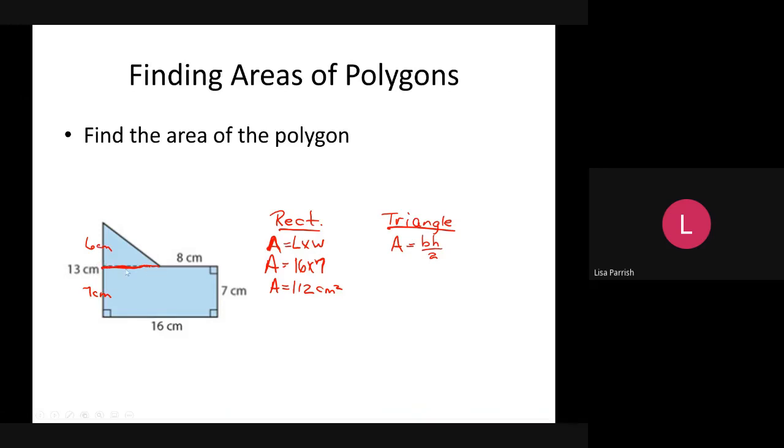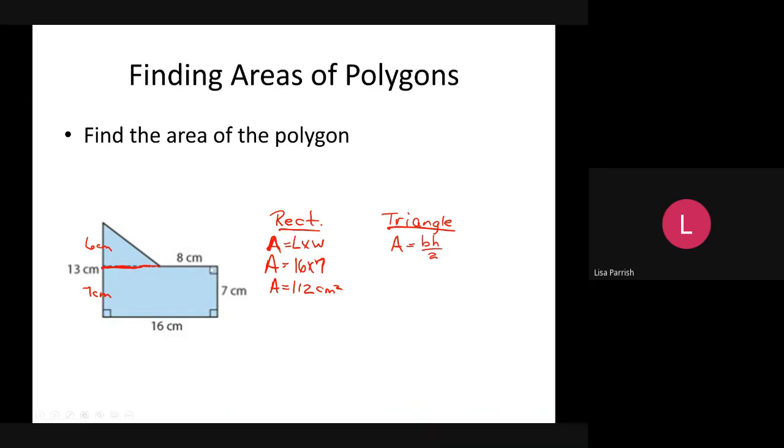Now I need to find the height. Okay, remember you never use the slanted side. I need to find the height. Well, again, I need just this part. Well, this much is 8, from here to here. So I've got to figure out what this is. Well, this entire length of the rectangle is the same as this length. Those are both 16.